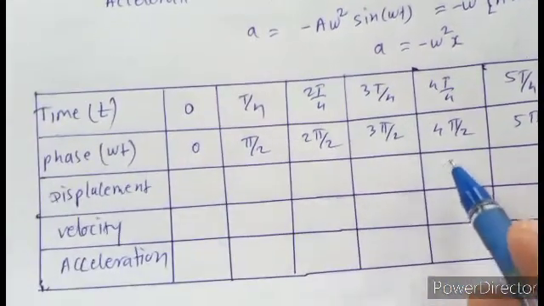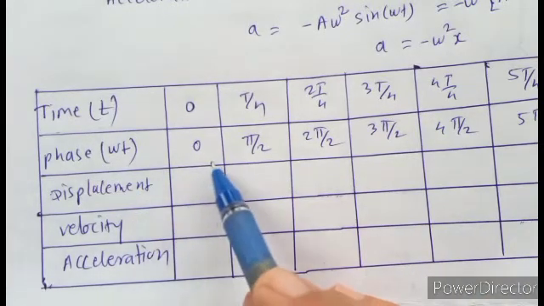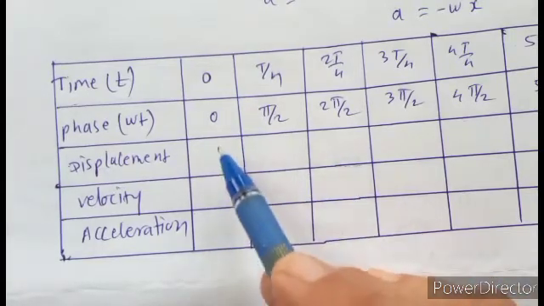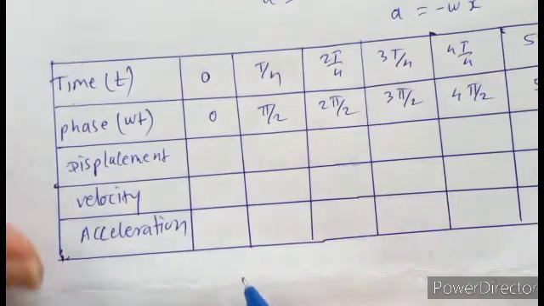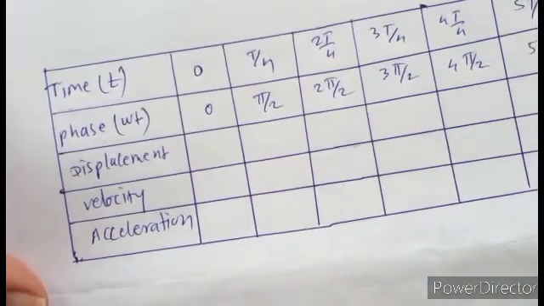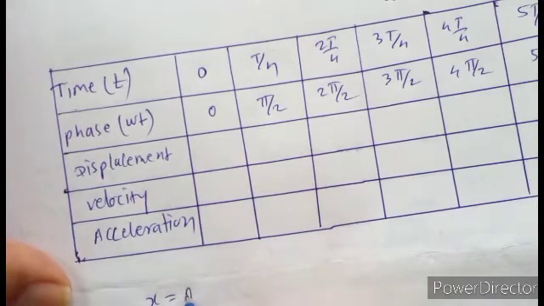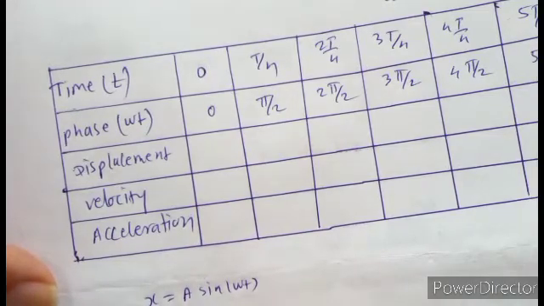First we calculate the value of displacement for different values of omega t. While calculating these values, we just take two values and write the other values directly.